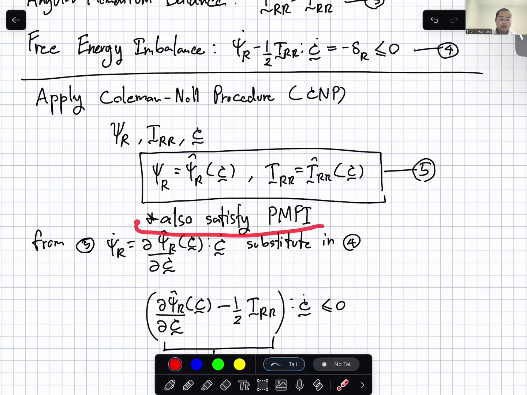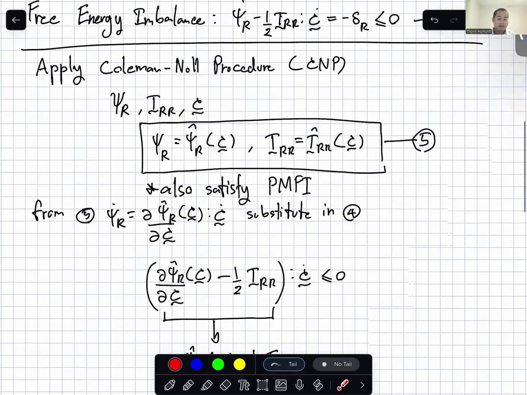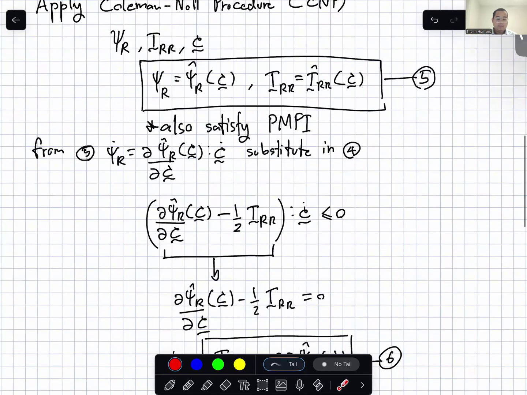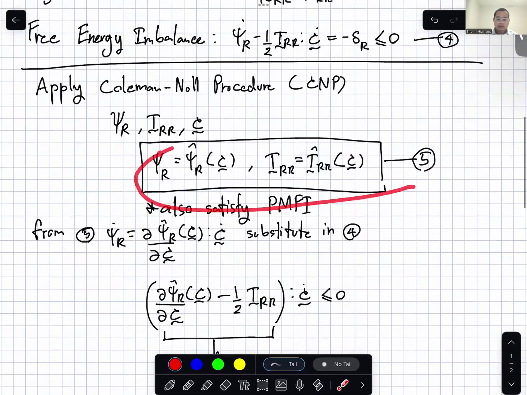This also satisfies the principle of material frame indifference, because we want to ensure that the material property shouldn't depend on the observation frame. Even if different people see this material, the response should be the same and should not vary.